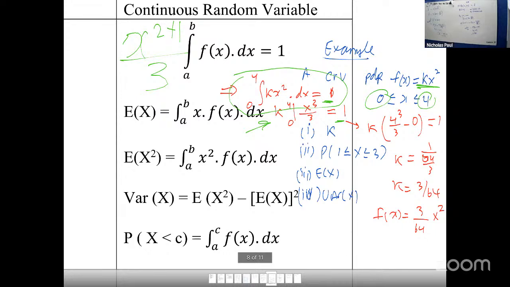Part 2 now. They want the probability between 1 and 3. So all I have to do now is integrate between 3 and 1 of 3 on 64 x squared. If you want, you could pull the 3 on 64 outside. Tell me what you get now. If you're in trouble and you can't remember how to integrate, just plug it in the calculator, right?